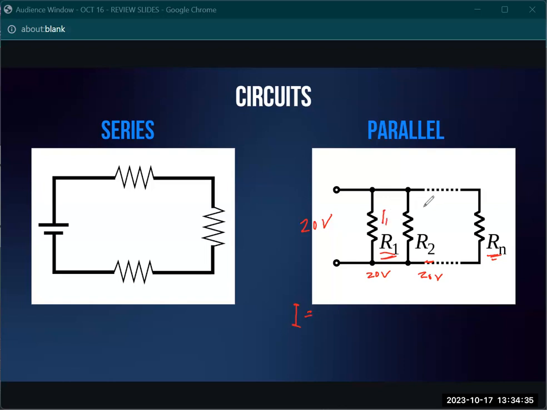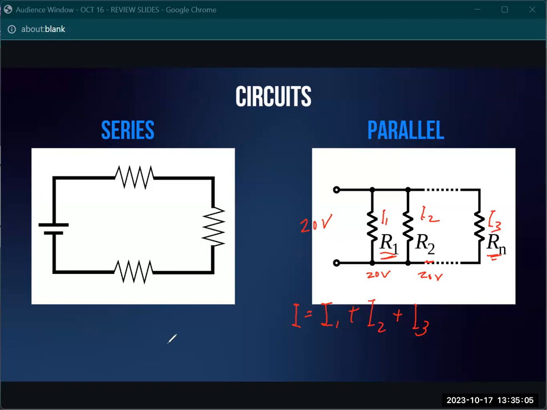So, ang current nito, tsaka current nito, and current nito, para makuha mo yung total current, just add these individual currents. Parang nagpalit lang yung voltage and current. Dito sa series, yung voltage ang i-add up, tapos yung current equal. Dito, yung voltage equal, tapos yung current i-add up.